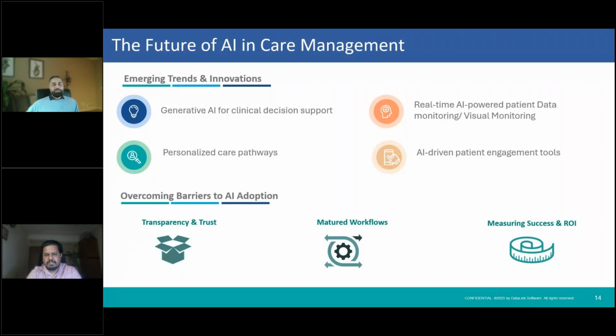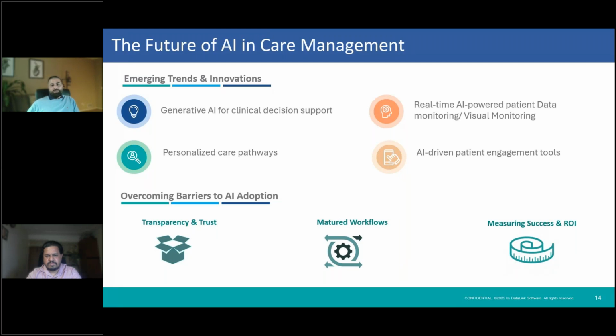And that's where my comment on biasness and privacy and explainability was coming in, that from an AI perspective, how it is currently growing is about clinical decision making, enhancing patient support, personalizing care at an unprecedented scale is something that is currently happening, that is making those changes and inroads into care management from an AI perspective.